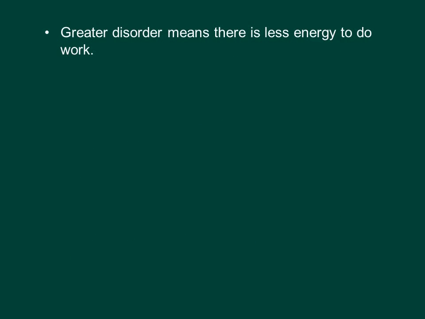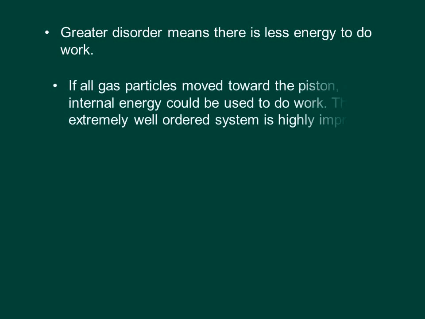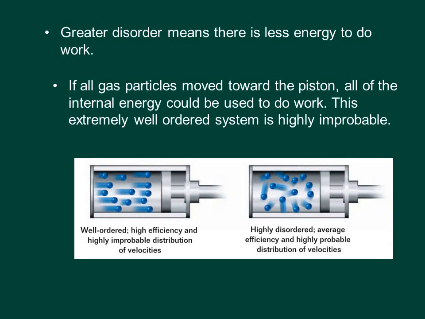Greater disorder means there is less energy to do work. So for the system to do work, it needs to be more ordered, or less disorder, or less entropy. If the gas particles move to the piston, as you can see in the figure, all the particles are moving toward the piston. So they are ordered. They have less entropy.